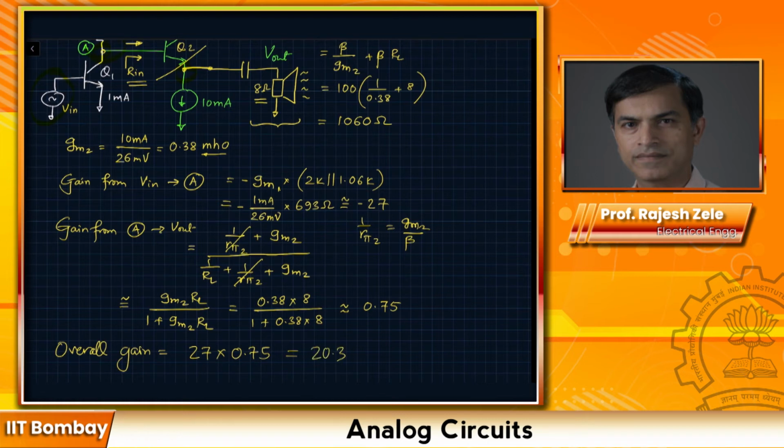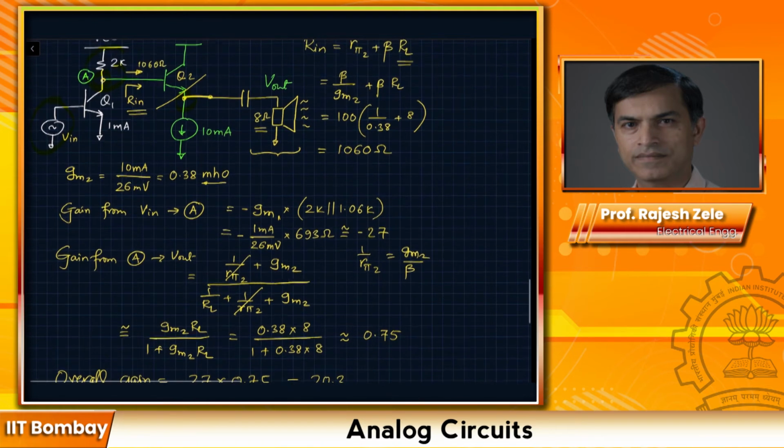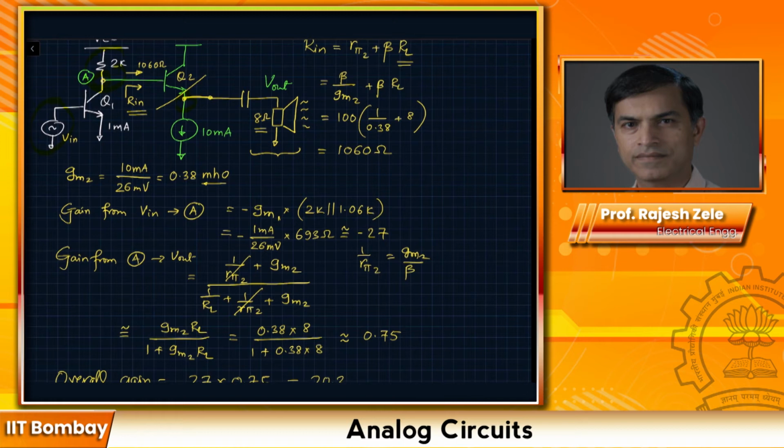We are able to drive an 8 ohm low resistance load using an emitter follower and still get reasonable gain, a factor of 20. This is the advantage of using an emitter follower. Many times this circuit is also called a driver circuit.